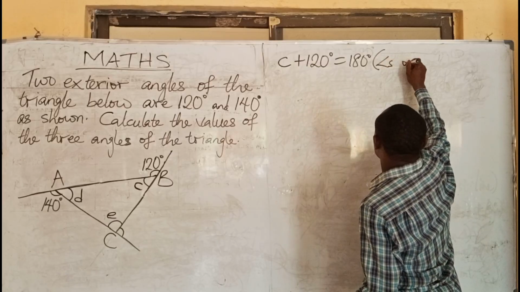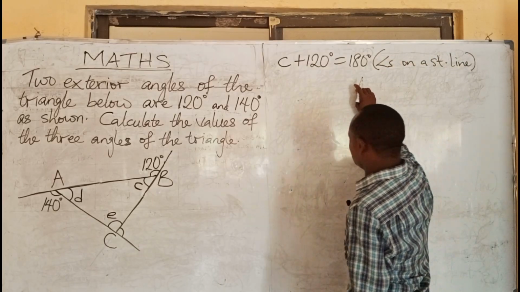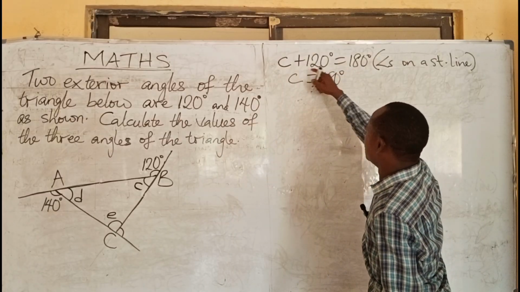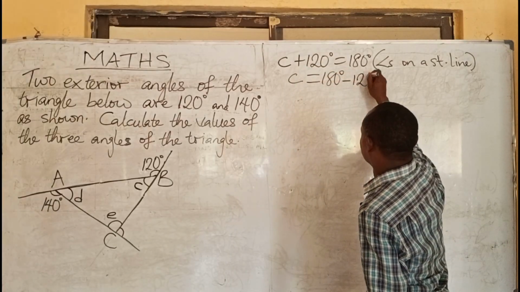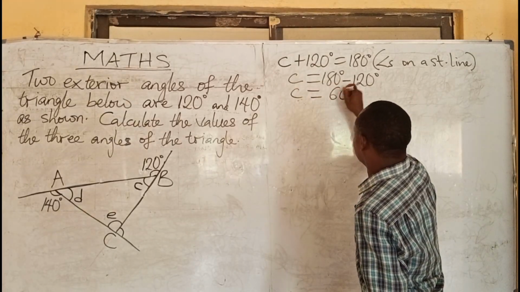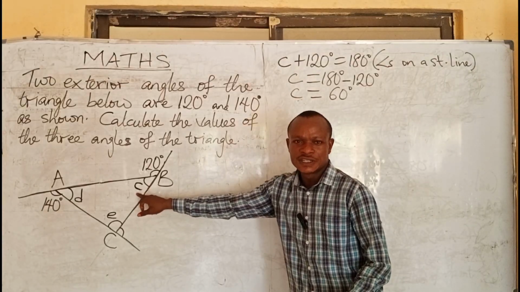And the reason is angles on a straight line. That means our C will be equal to 180 degrees minus 120, and 180 minus 120 will give us 60 degrees. So angle C is 60 degrees.